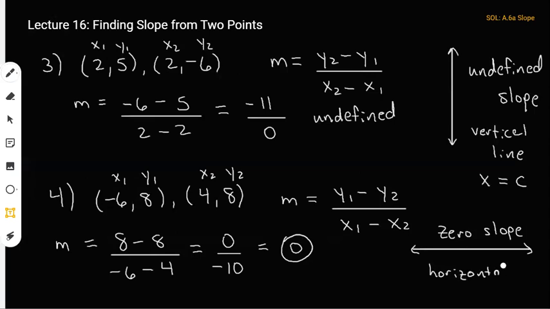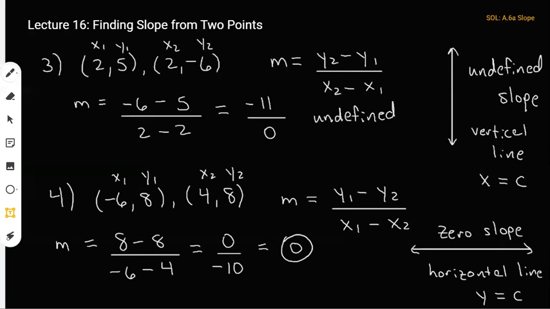So I'm just going to write horizontal line. In order to graph a horizontal line, you're going to use the equation y equals c, where y is going to be the variable and c is going to be a number, also known as a constant.